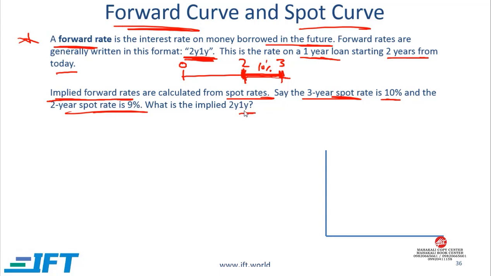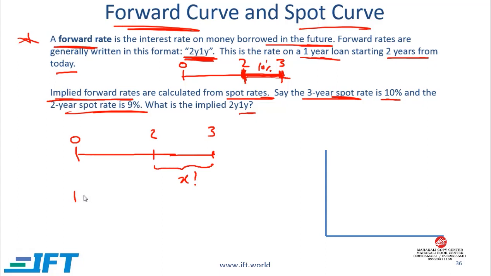We need to be able to do this, and I'll show you how. So we draw the same picture I showed you above. This is time 0, this is time 2, this is time 3. We are being asked about the rate over here. Let's say that this rate is X%. X is the unknown. What is given to us?